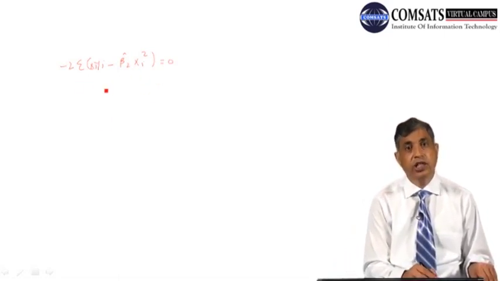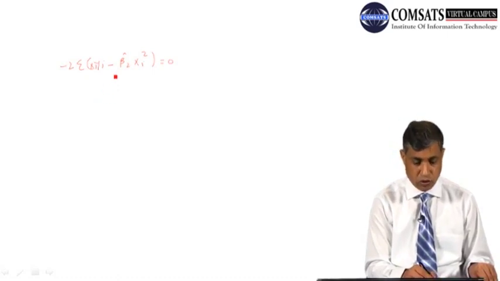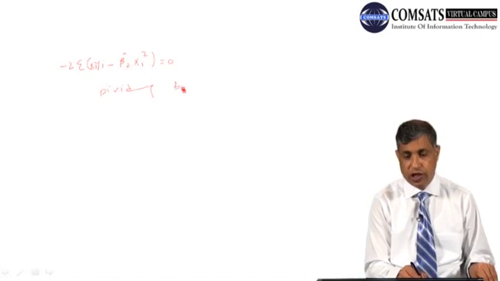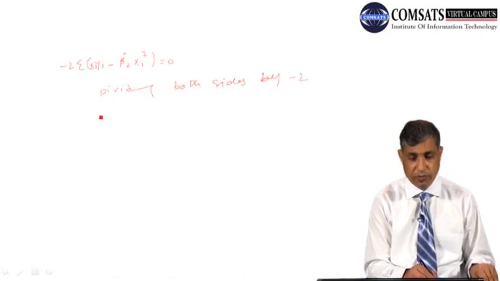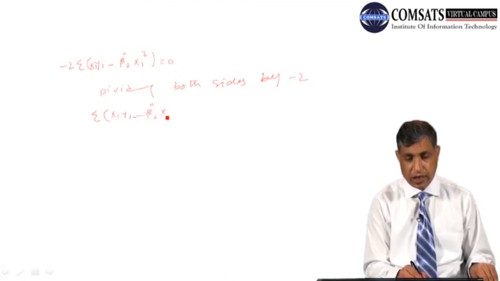So if I divide both sides by minus 2, it will simply become summation xi yi minus beta 2 hat xi square is equal to 0.